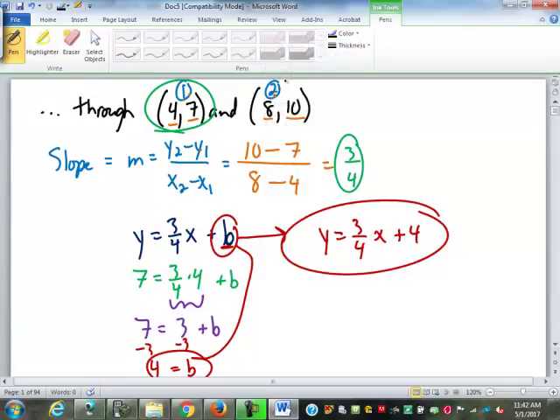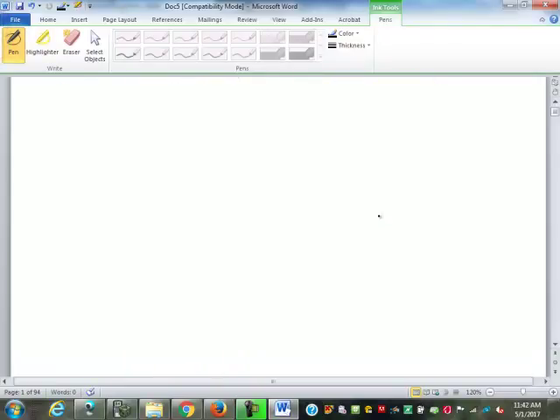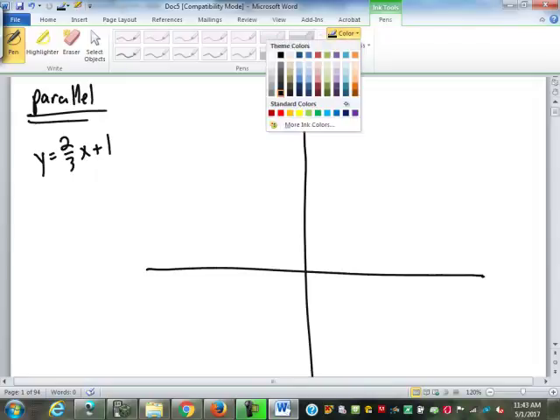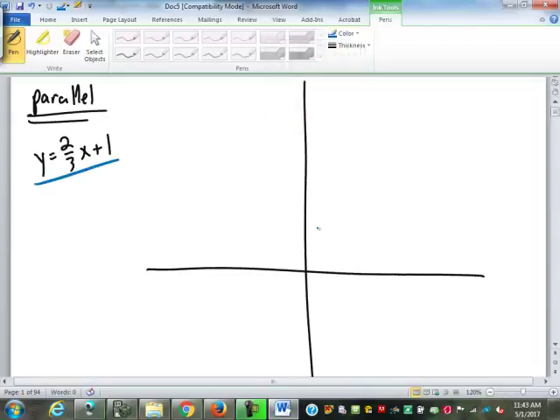Well, today what we're going to do is something very similar to that, only we're going to explore the ideas of parallel and perpendicular. So let's look at parallel lines and how they relate on a graph. Let's say I have a line y equals 2/3 x plus 1. Where is that going to start on my graph?